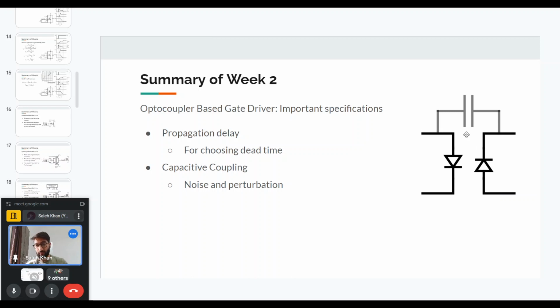If there is a difference in the absolute voltage on the two sides, some capacitive currents will flow.